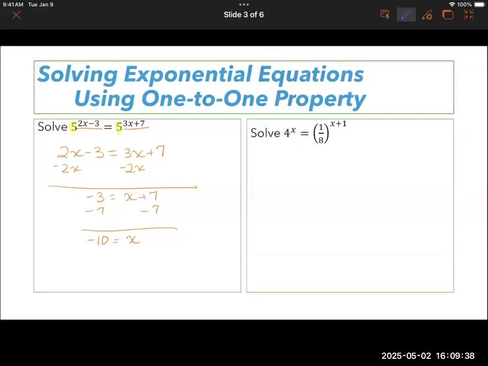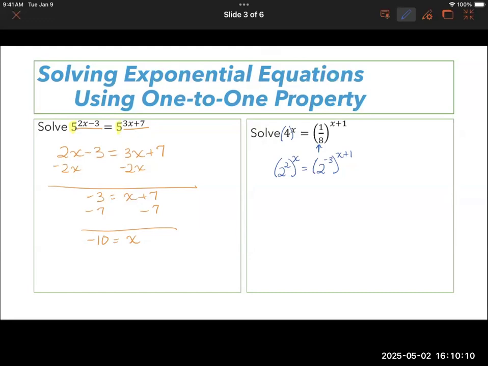For example, the 4 here we could rewrite as 2 squared, and the 1/8 here we could rewrite as 2 to the -3 power. By realizing that they can be rewritten as base 2 powers, we can then use our one-to-one property.